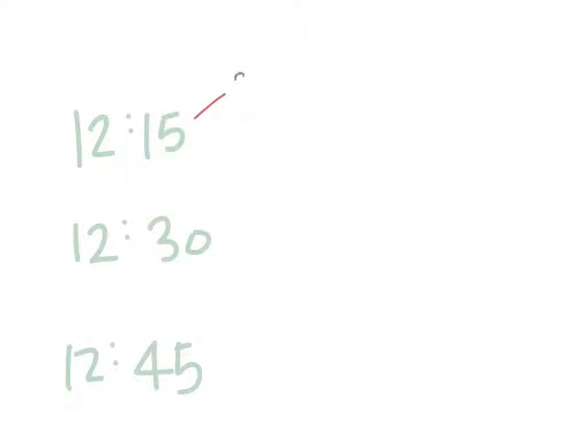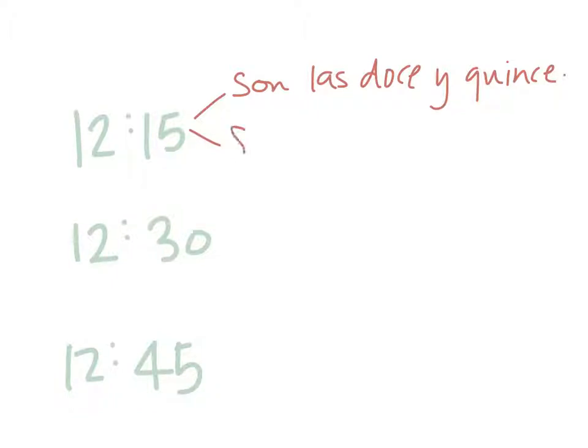So one way that we could say it is son las 12 y 15, just like it's saying it's 12:15, right? But they also have a way of saying a quarter, okay? So you could also say son las 12 y cuarto, okay? Cuarto. So this word, cuarto, is like saying a quarter.